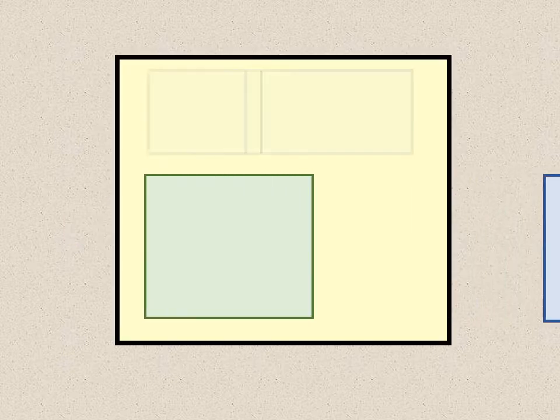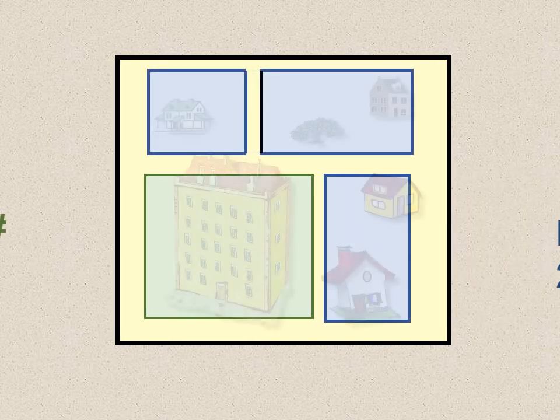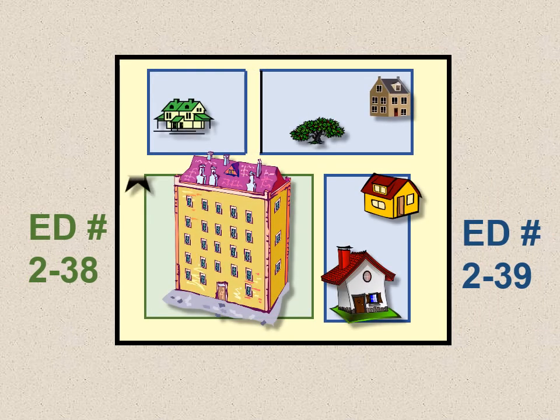Let me show you a situation with this idea that enumeration districts are regularly arranged in an area like kernels in an ear of corn. Here we have 4 blocks. The block on the lower left has its own enumeration district, 2-38. The other 3 are in 2-39. And you can guess at what the street names are. Make up your own.